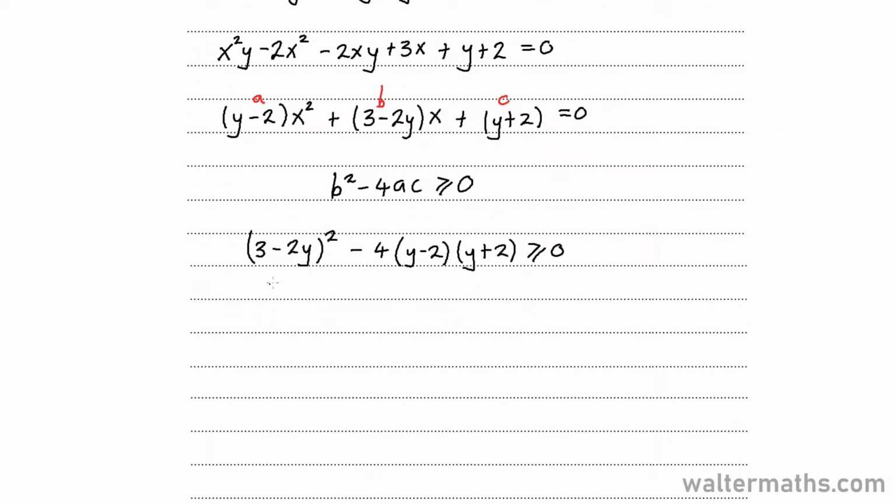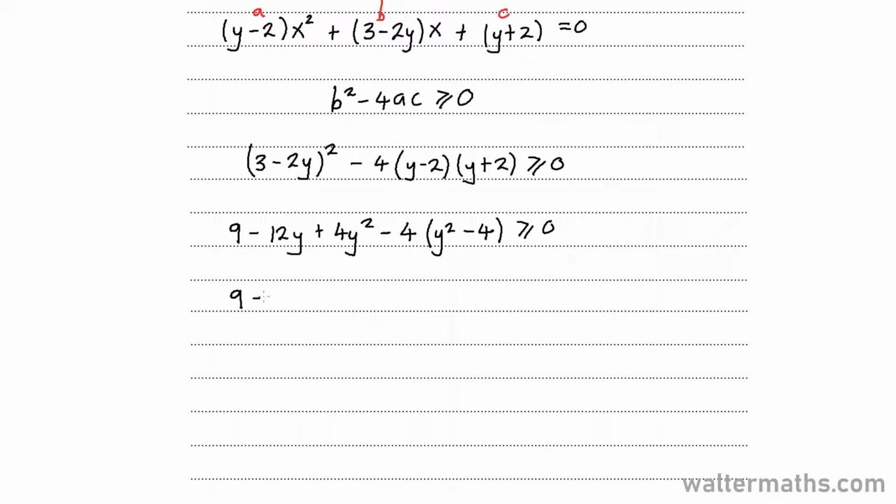Now let's simplify this. Expanding the brackets, we'll be having 9 minus 12y, and that's plus 4y squared, and that's minus 4 of, and here for y minus 2 multiplying y plus 2, that's a difference of 2 squares, y squared minus 4, and that's greater than or equal to 0.